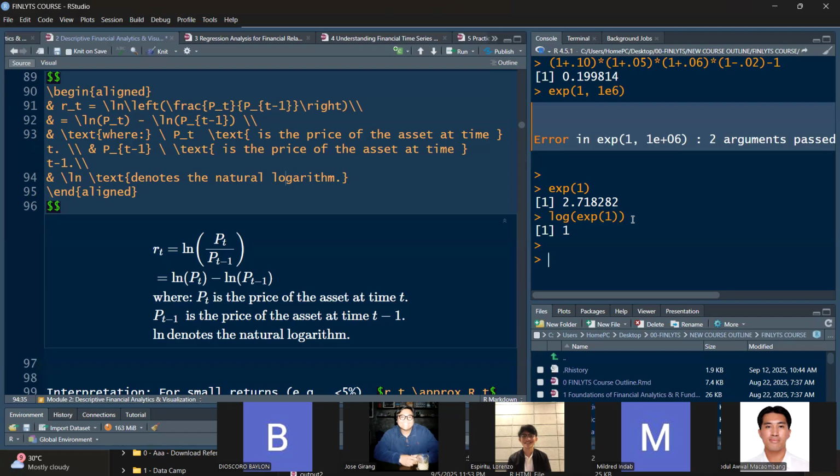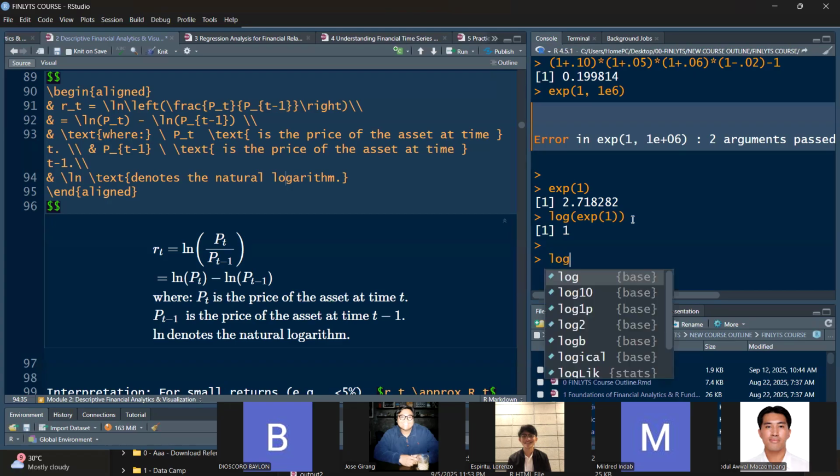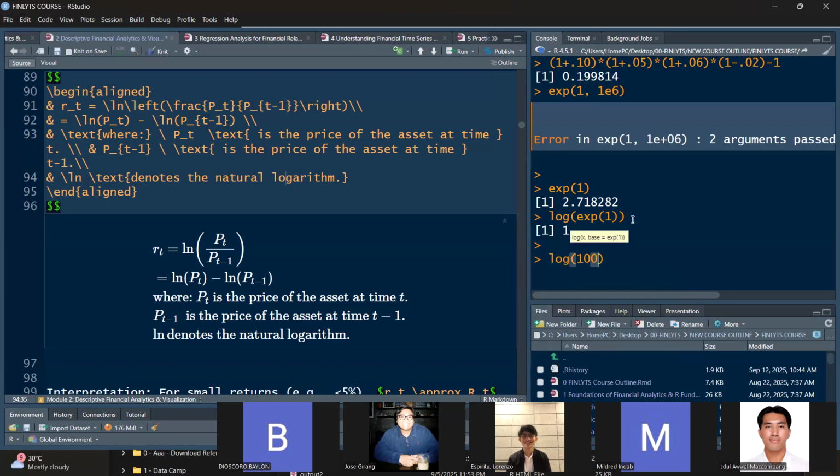However, class, if you say log of 100, a while ago we said log of 100 is equal to 2, because 10 to the 2 is equal to 100. However, that's assuming that the base is 10. When you're reading books, when you see log, it is understood that the base is 10. When you see ln, it is understood that the base is e.